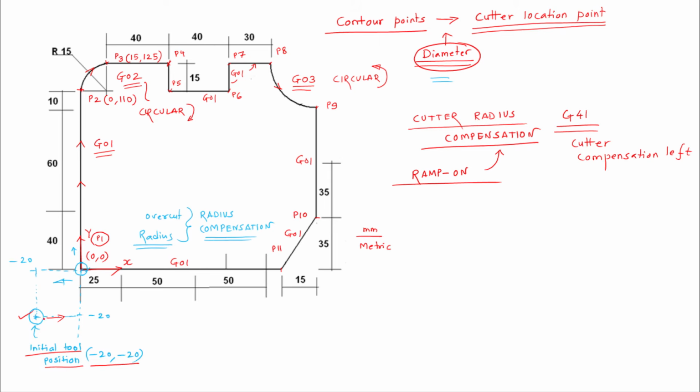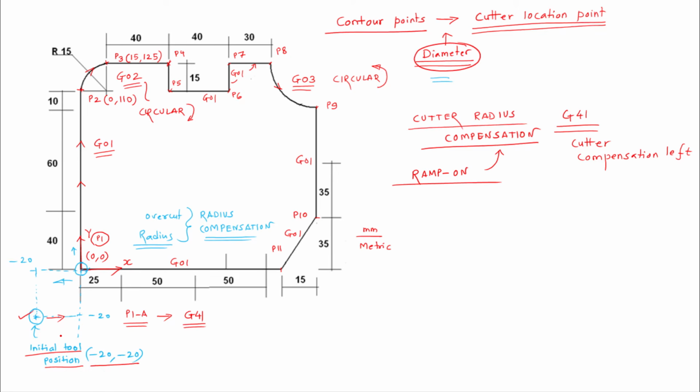P1 by taking the tool from initial tool position minus 20 to this point, and when we approach this particular point, let us say it is P1A, this is the P1A point. When we are approaching P1A, we are activating G41.